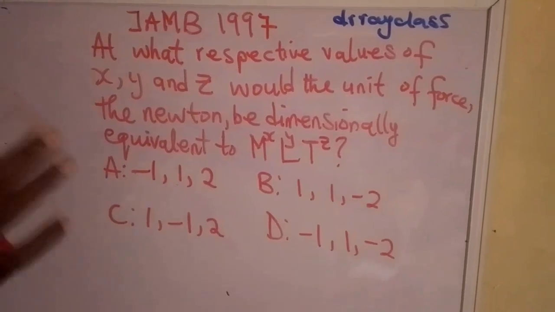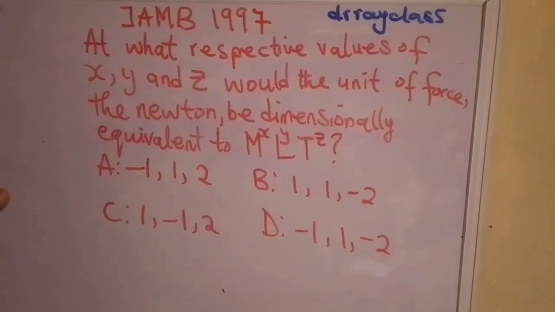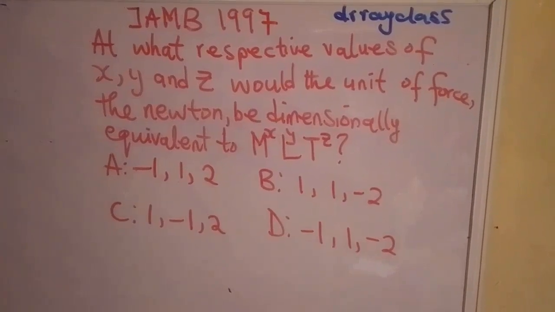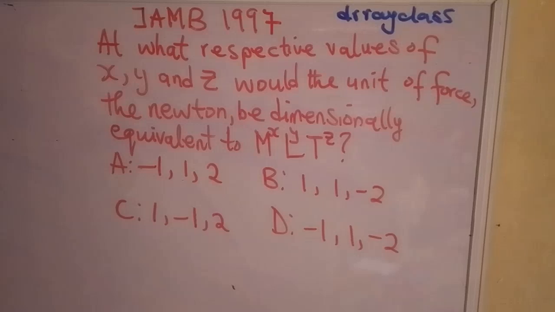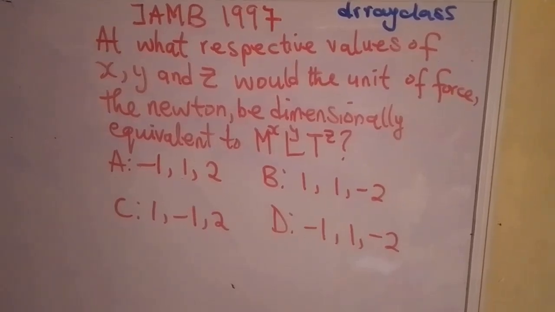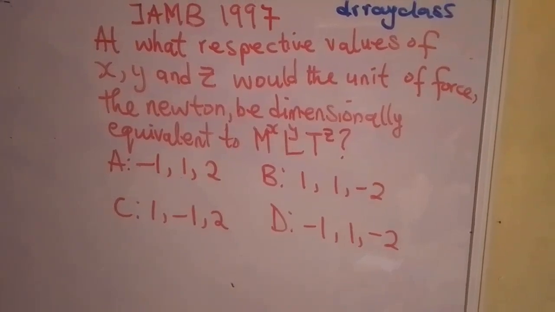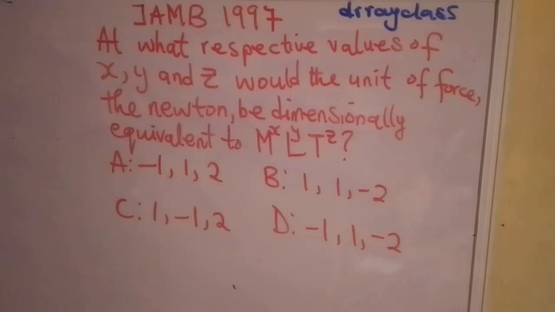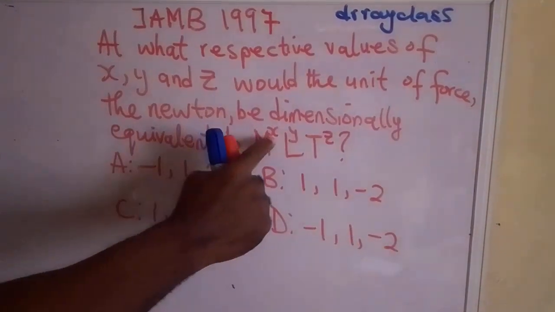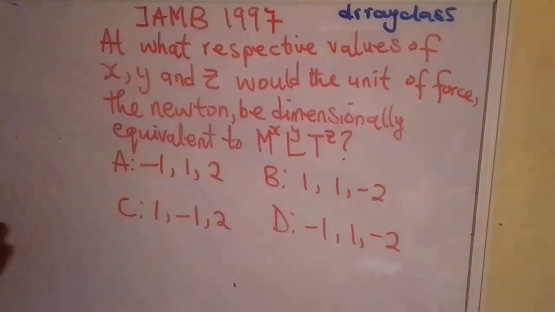Friends, it's very simple. All you need to do is go and solve force dimensionally. Then from there you find out on M what is the power there. That should be the value of your x.